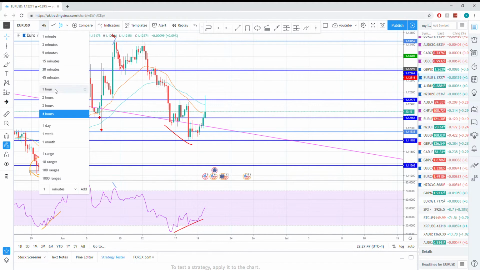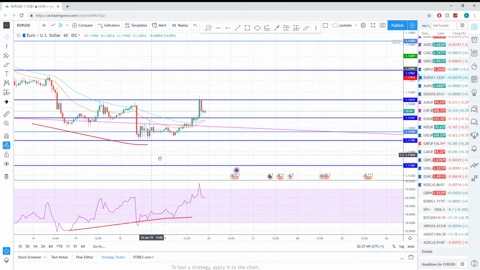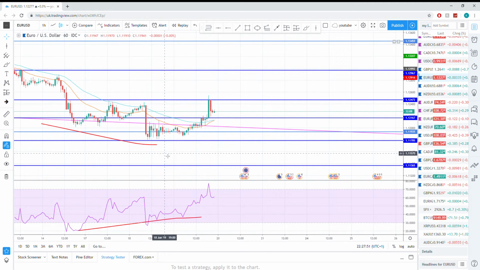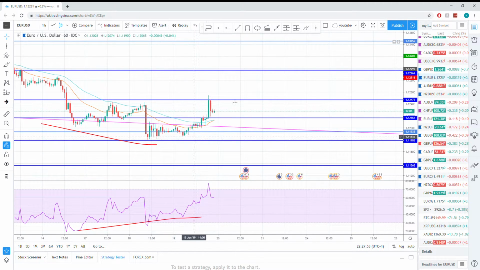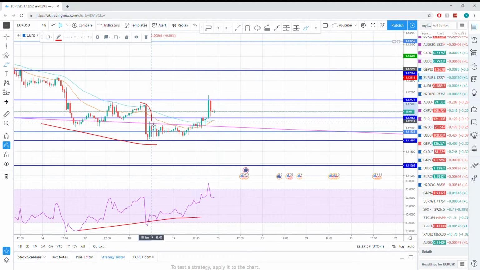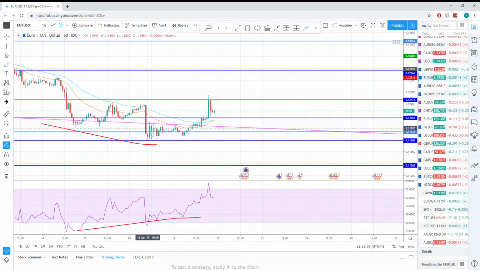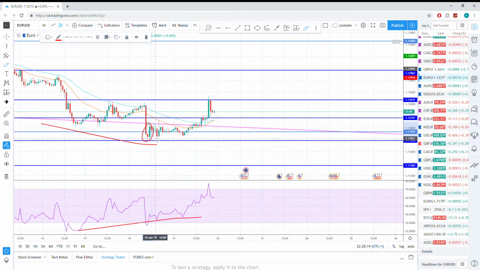If we take it to the 1-hourly, we can see exactly what I mean by a retest. This here is a perfect example of what a retest candle is like. This would have been the confirmation candle to signal upwards, and that is a bullish engulfing candle 1, and bullish engulfing candle 2.